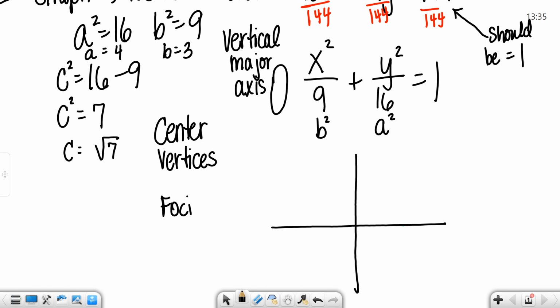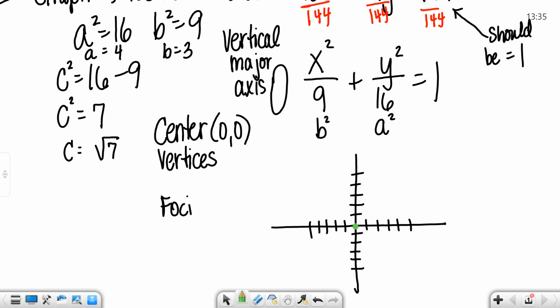If b squared is 9, that means that b is 3. Alright. So the center, if I look at my equation, x squared over 9 plus y squared over 16, I don't see an h and k again. That means that they are 0 and 0. So my center is 0, 0.